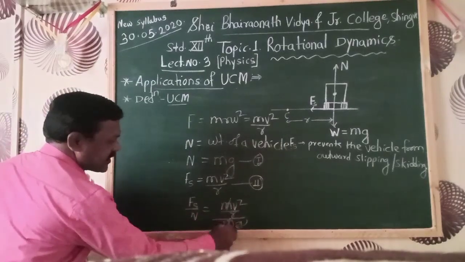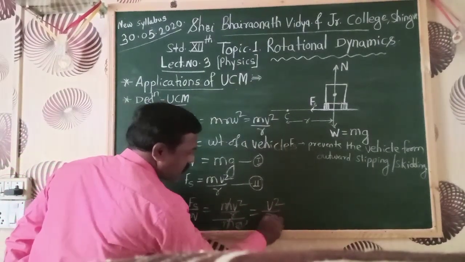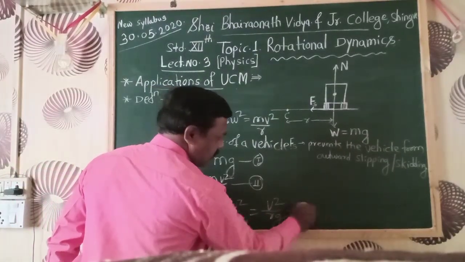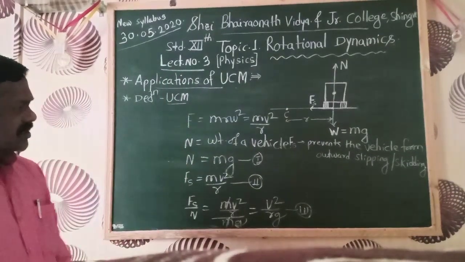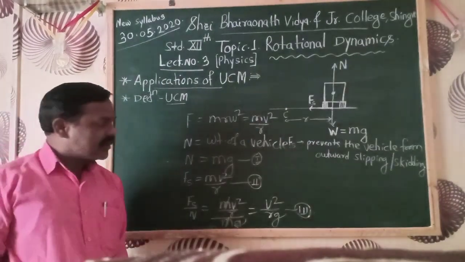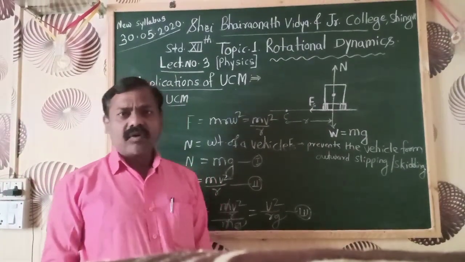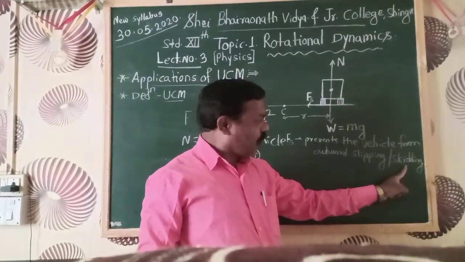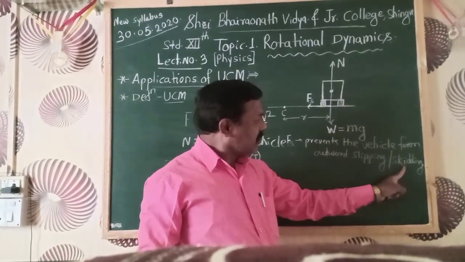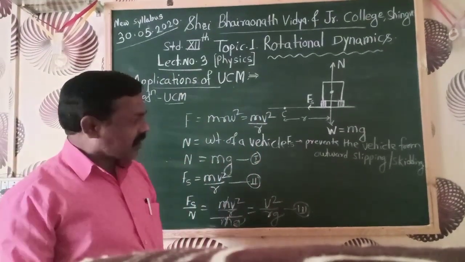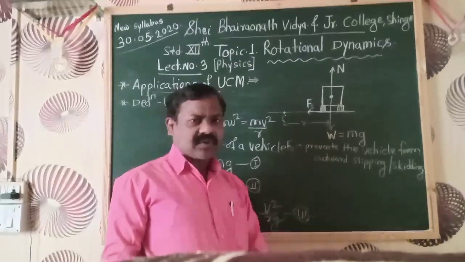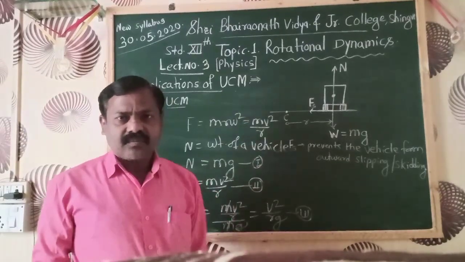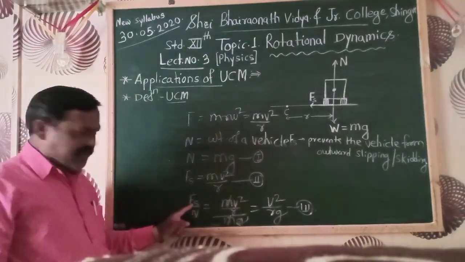Solving, m cancels, and we can write v square upon rg equal to Fs by N. In this application, the centripetal force prevents the vehicle from outward slipping or skidding. Skidding means the force prevents the vehicle from outward slipping or outward push from the road surface. That means the vehicle is not thrown off from the road surface due to Fs.